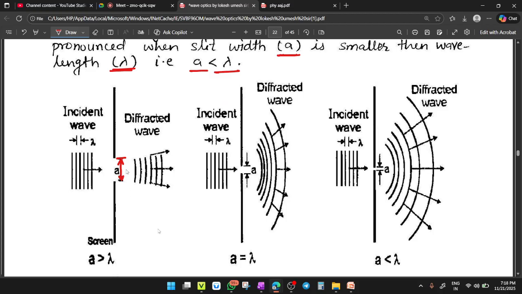So here the slit width, the source width, is a, and the distance between two crests or two troughs is equal to lambda. So here a is greater than lambda, means the size of the slit is greater than lambda. So you will have a pattern of diffracted wave like this.